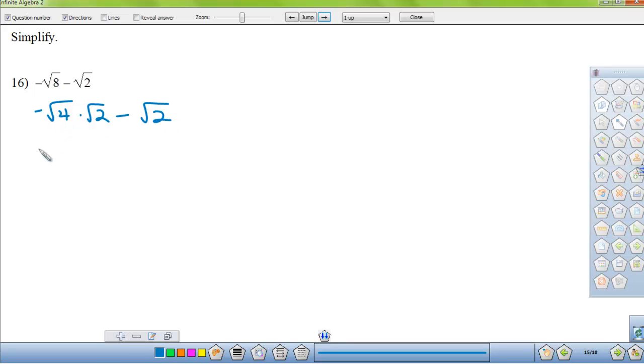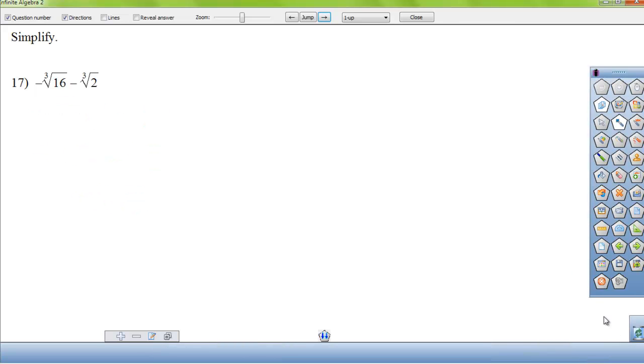And that gives us negative 2 square root of 2 minus, I'm going to put a 1 there, square root of 2. And now you can see that they are the same kind, and when we combine them together, we're going to get a negative 3 times the square root of 2, because that negative 2 minus that 1 equals a negative 3. Notice this number does not change.